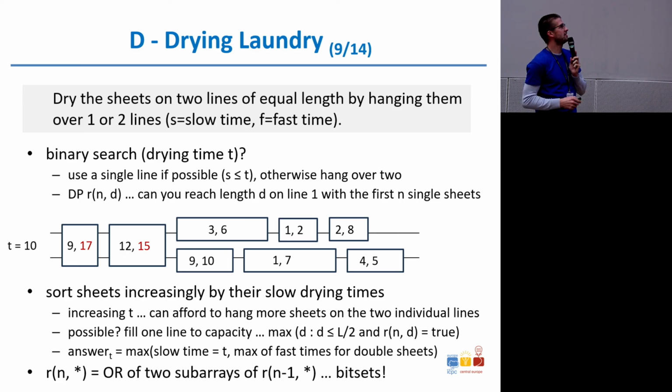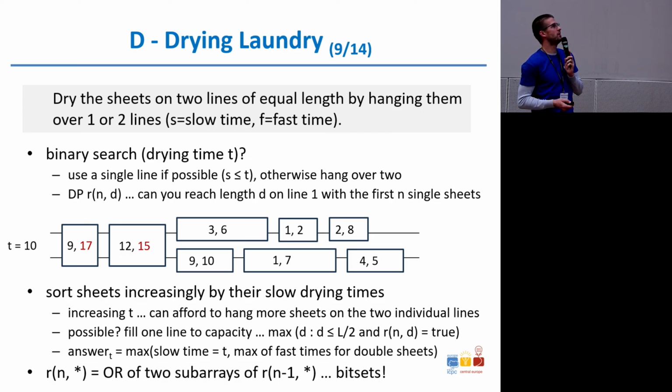So the task was about drying sheets, and we were given 2 lines where we can hang these sheets. They were of equal length, and for every sheet we could hang it over just 1 line or 2 lines. And if you use 2 lines, it will dry faster, but we are using up more space. So the question was how to answer these queries for different lengths of these lines.